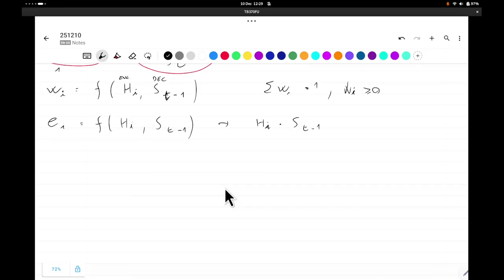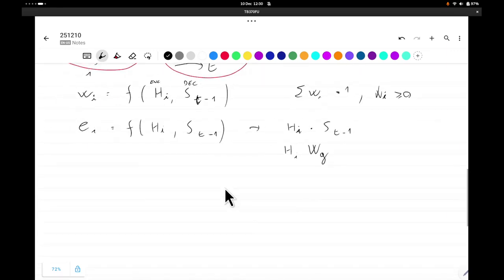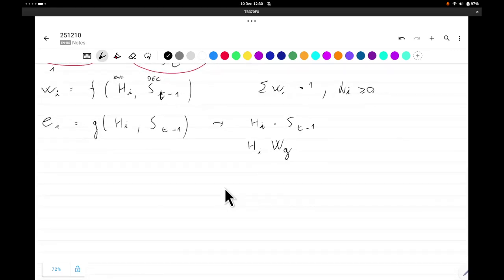Or a full linear transformation. So I just learn a W. If here I use just the letter G, that makes the kind of generalized scalar product.